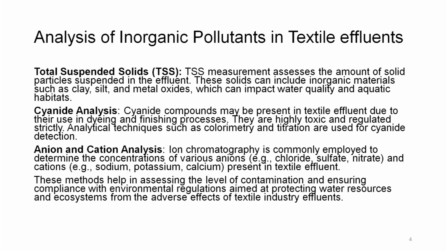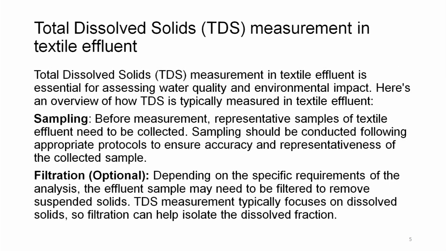These methods help in assessing the level of contamination and ensuring compliance with the environmental regulations aimed at protecting water resources and ecosystems from the adverse effect of textile industry effluents. Now, let us look at it one by one.